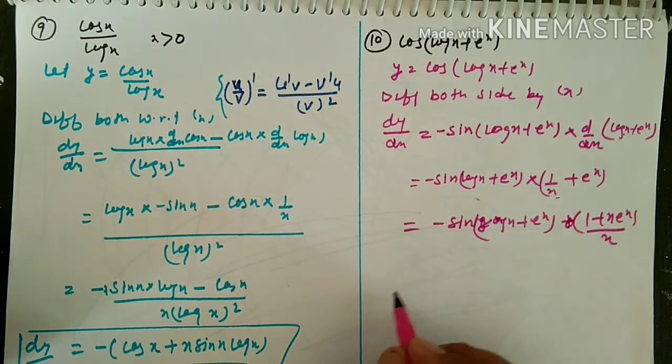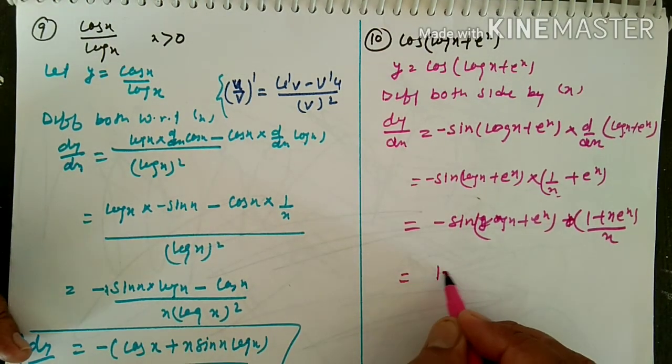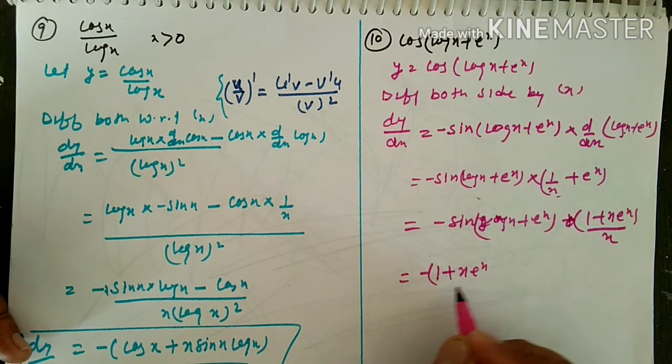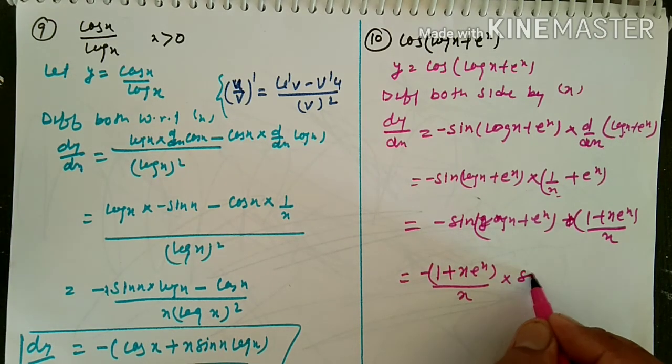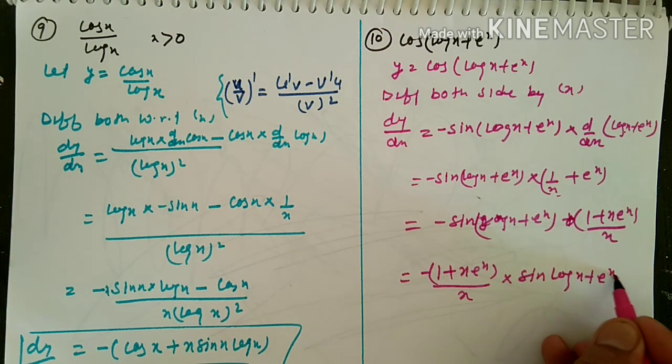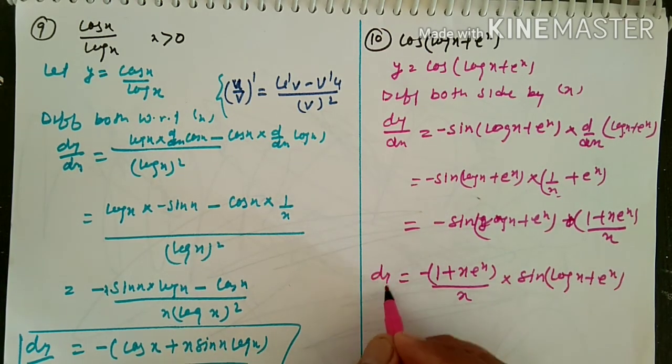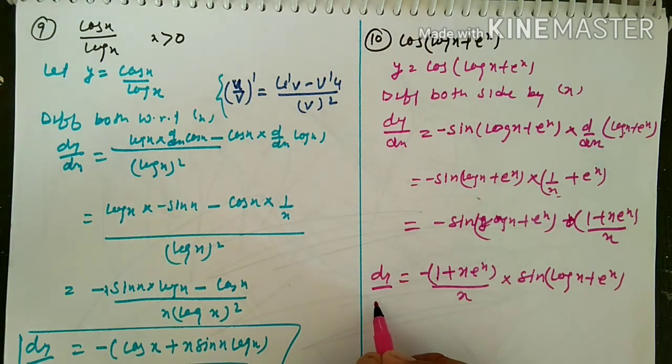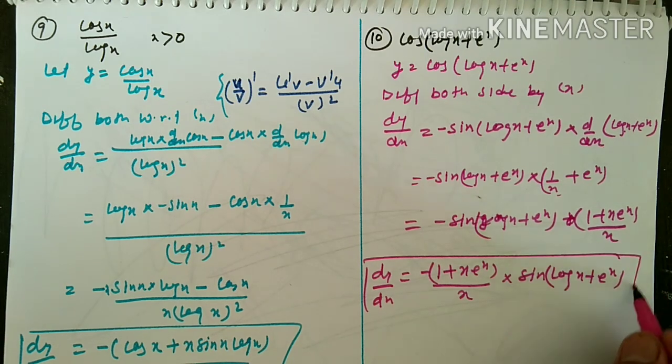Overall, minus 1 plus x e to the power x upon x into sin of log x plus e to the power x. This is our dy upon dx. Clear?